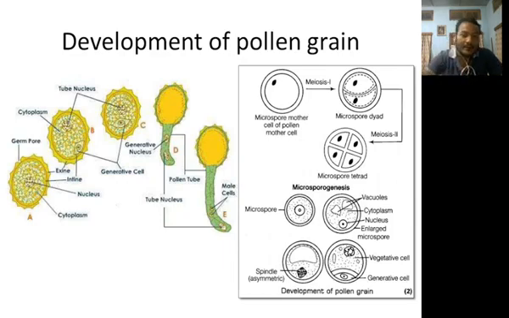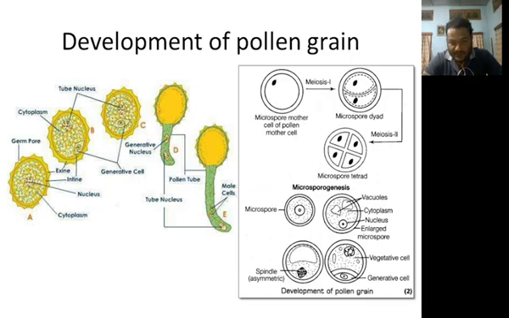Here we can see in the left side diagram, this is the single pollen grain and an asymmetrical division takes place. The larger one is the vegetative cell, the smaller one is the generative cell, and after pollination it germinates like this.